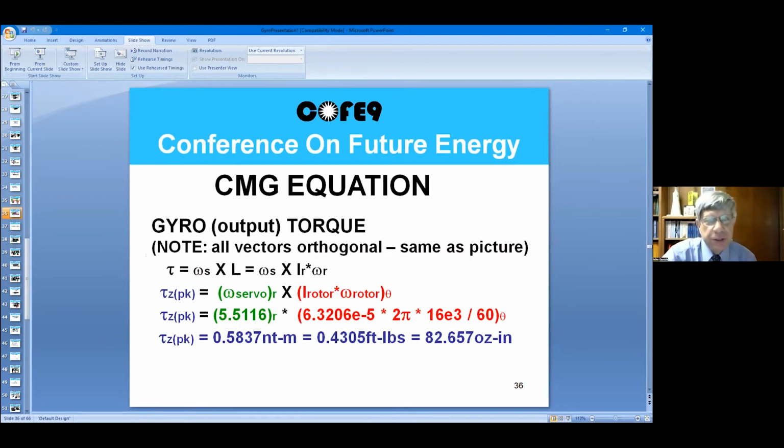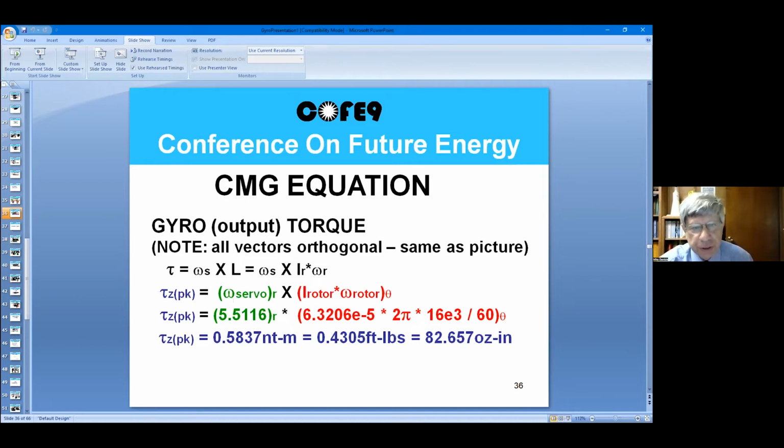The equation is the torque output of a gyroscope is the speed of the servo times the angular momentum of the rotor, which is the inertia times the speed of the rotor. And then I just color coded them here to match the vectors there. So the torque output's in blue.